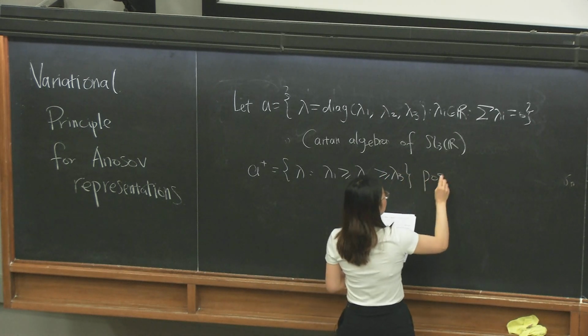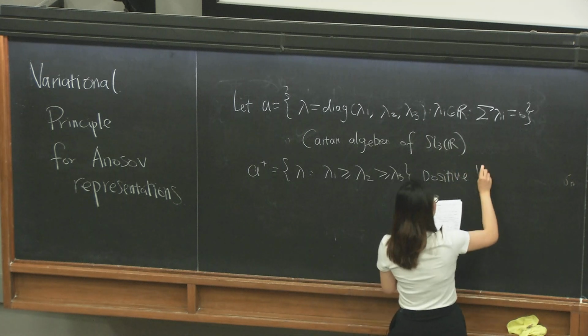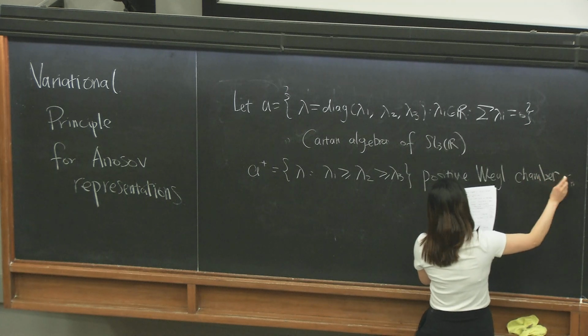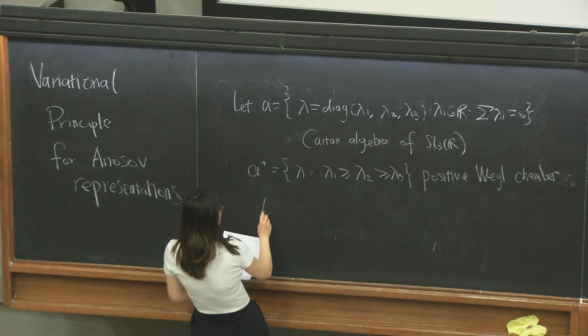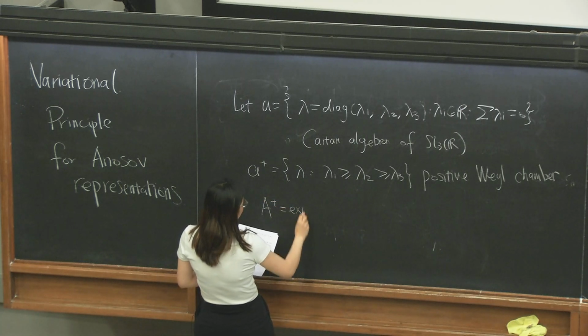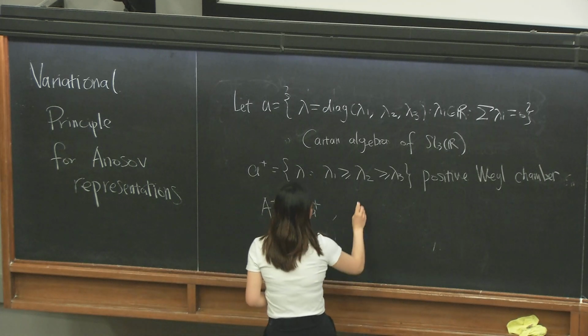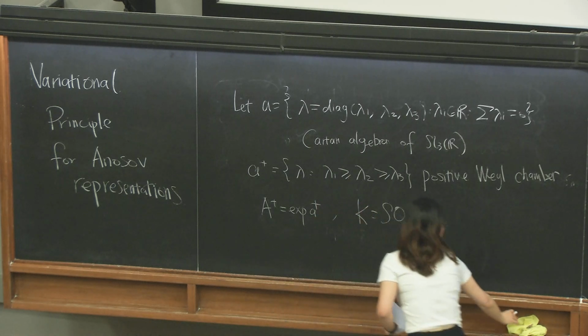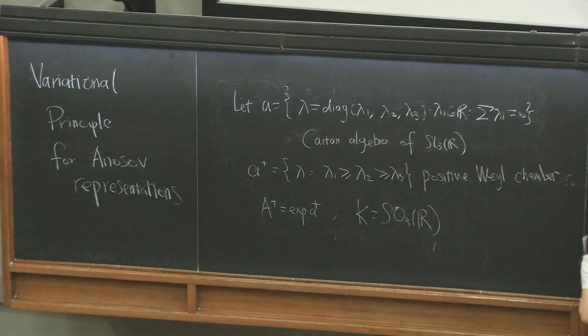And now let A plus be the exponential of the Weyl chamber, and let K be SO(3).